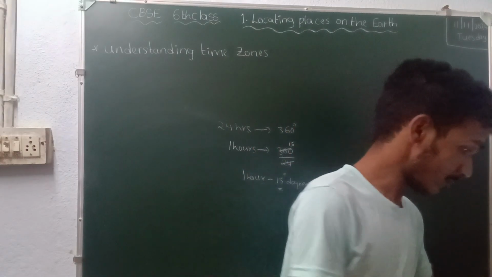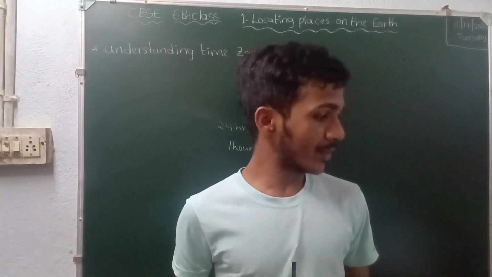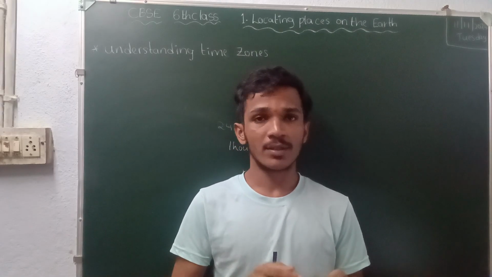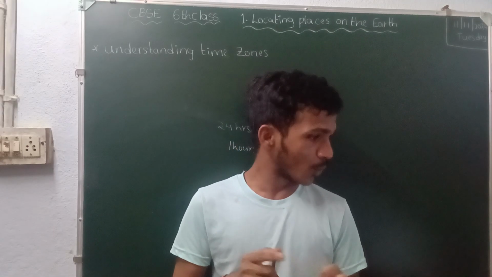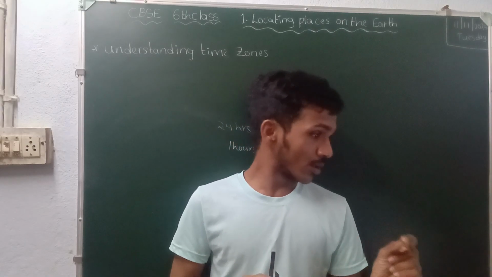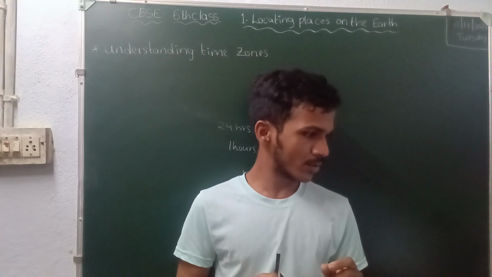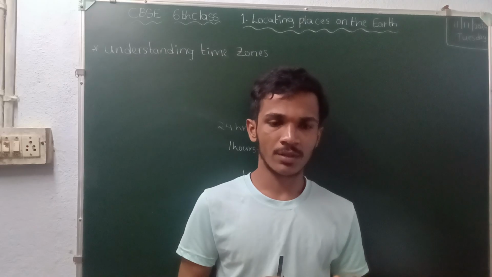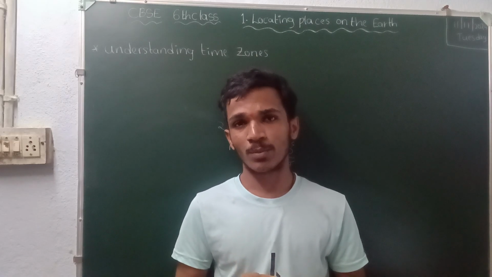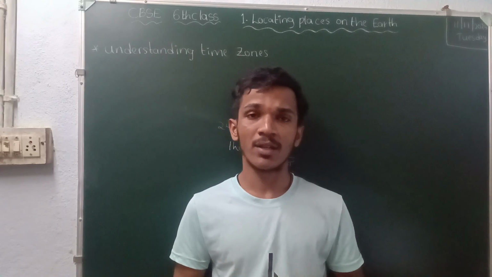Okay. Here they have given an activity. There are two friends. One friend is at Porbandar in Gujarat, and another friend is at Tinsukia in Assam.